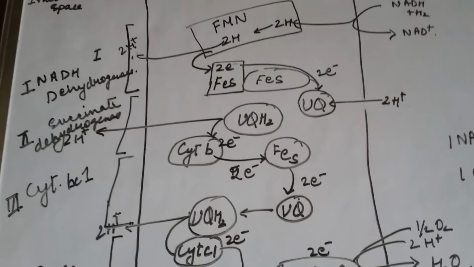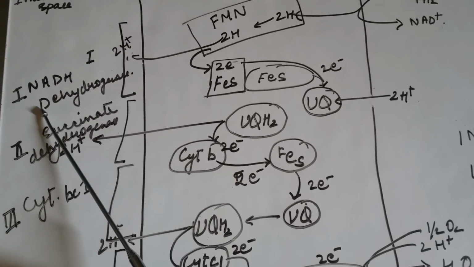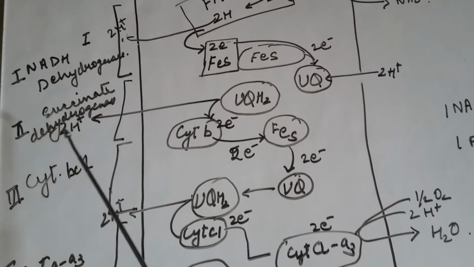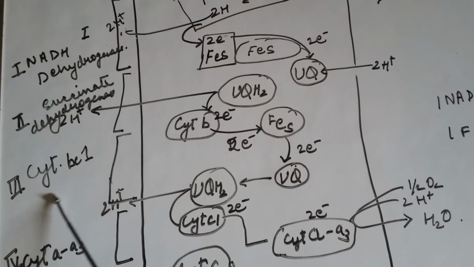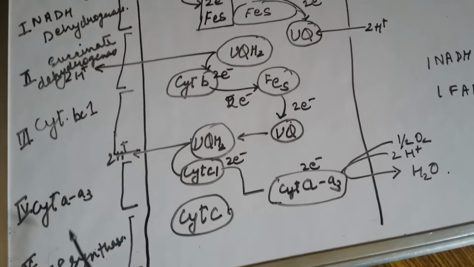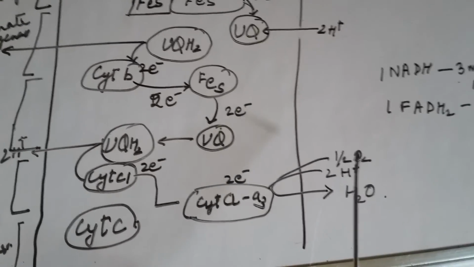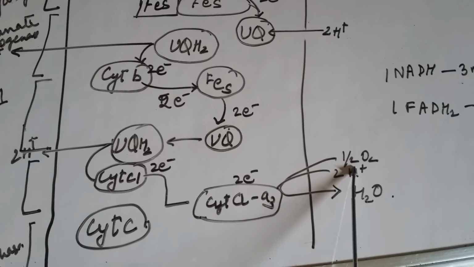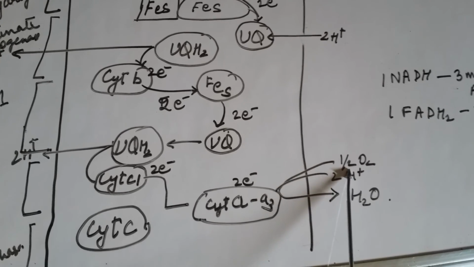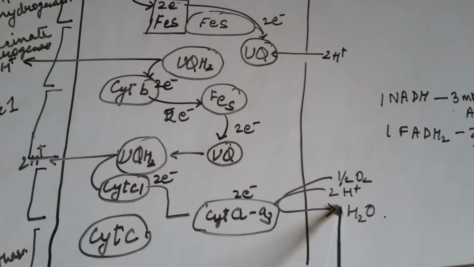The complexes that are formed in the electron transport system are: complex 1, NADH dehydrogenase; complex 2, succinate dehydrogenase; complex 3, cytochrome bc1; complex 4, cytochrome a, a3; and complex 5, ATP synthase. Here oxygen plays a vital role in the removal of electrons and hydrogen ions, and finally this helps in the production of the water molecule.